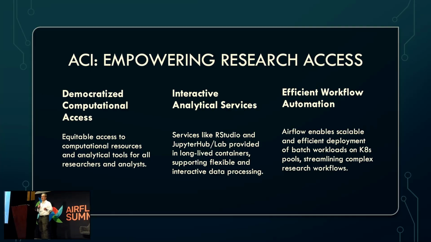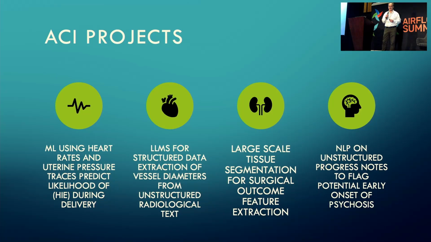So this can be our Studio, Jupyter Lab, Julia, and ad hoc containers that we may create for different projects. We utilize Airflow, and we're pretty much at the beginning of our journey with Airflow. We're only a couple of years into it, but it allows us to enable scalable deployments to provision batch workloads, and I'll be showing you a little bit about what we do with those batch workloads in Kubernetes.